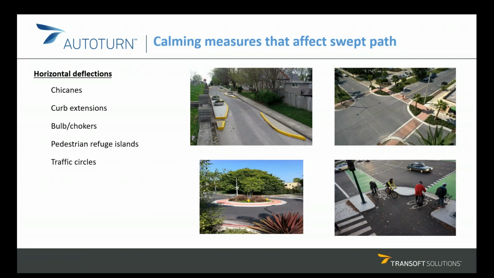The most commonly used methods in horizontal deflection are chicanes, curb extensions, bulb chokers, pedestrian refuge islands, and traffic circles. These methods deliberately make the vehicle slow down or alter its normal path, which creates higher driver attentiveness and a safer environment.